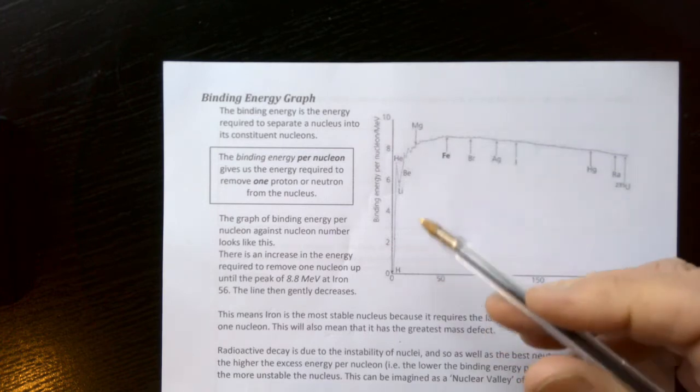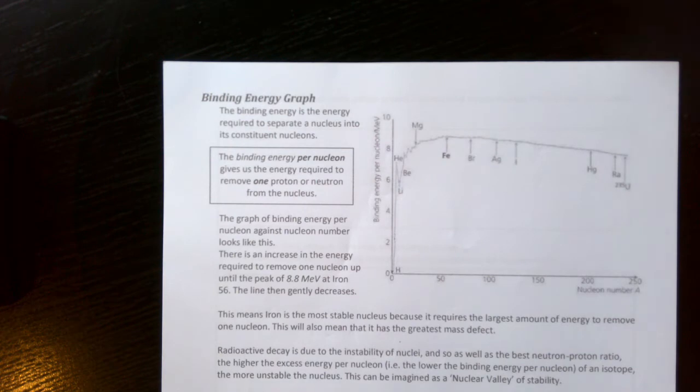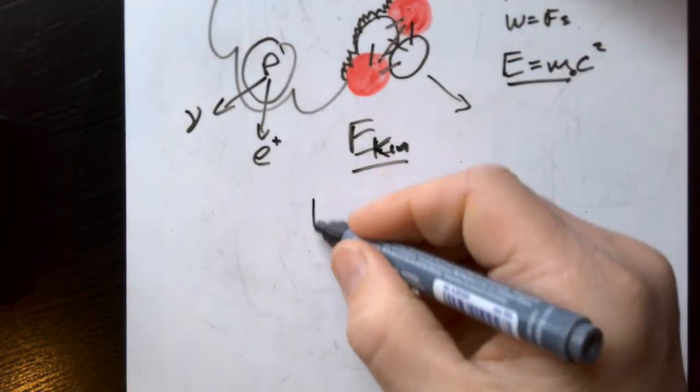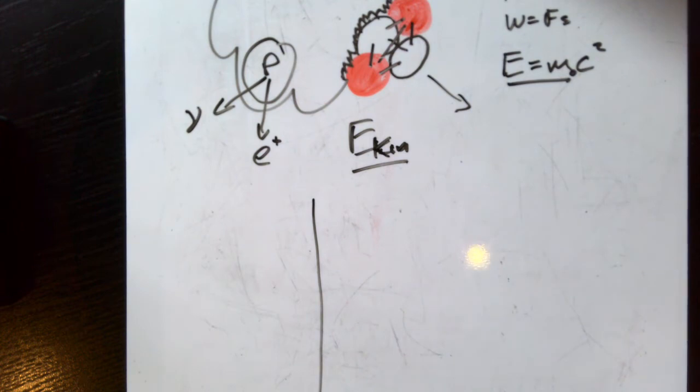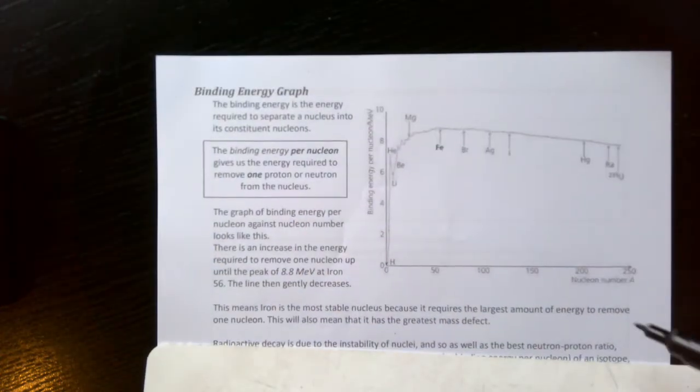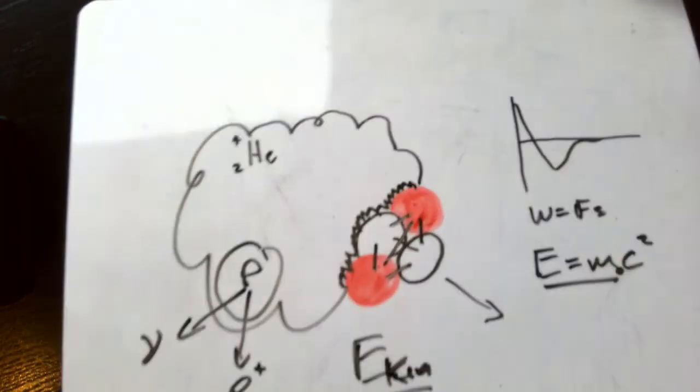Now, notice this is not binding energy alone. If I put nucleon number against binding energy, I'll clarify what I mean in a second. So there's my A number, which is the number of nucleons, the big number.